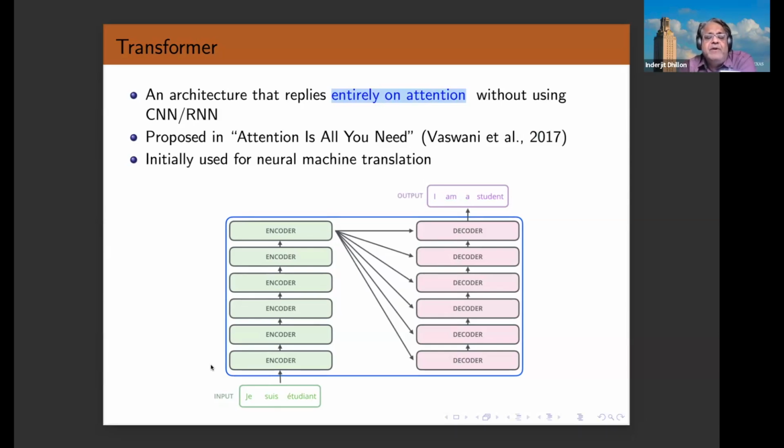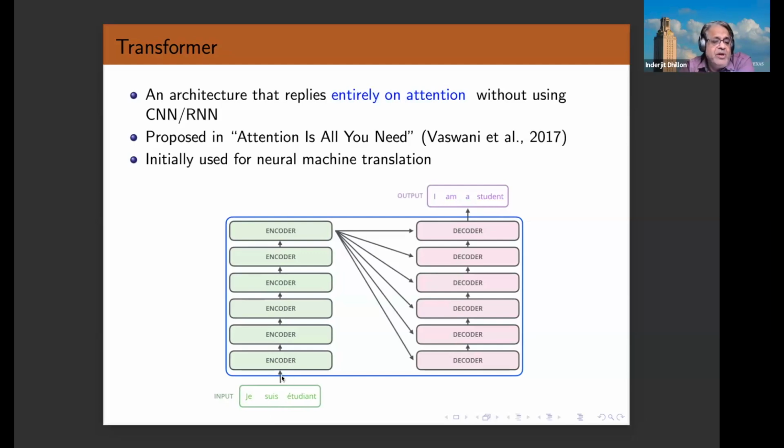So here is the intuition of the way the transformer works at a very high level. Suppose you have a sentence, and this is again an example for machine translation. Suppose you have a sentence in French and you want to translate it into English. There will be a transformer encoder, and you can have multiple layers of transformer encoder.